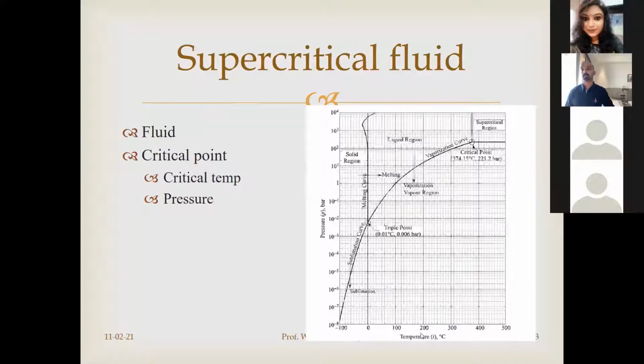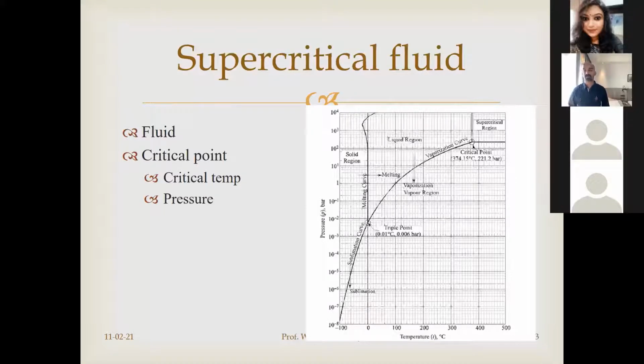So now suppose we are talking about critical temperature, आपका जो पानी का critical temperature है, अगर आप उससे ज्यादा उसका temperature बढ़ा देंगे, आप उसका pressure जितना भी ज्यादा कर लीजिए, however high you increase the pressure, you cannot convert water into liquid. वो supercritical state में रहेगा. आप उसको जितना भी high pressure लगा दीजिए, it will not get converted into liquid. Okay, that is the significance of critical temperature.